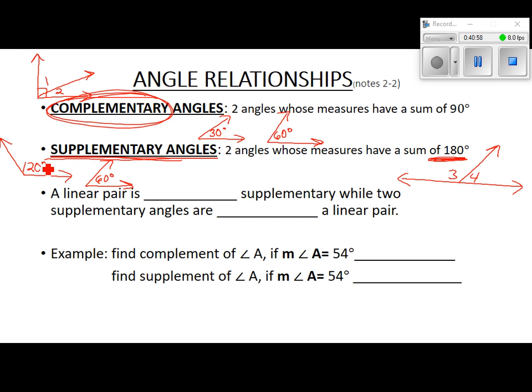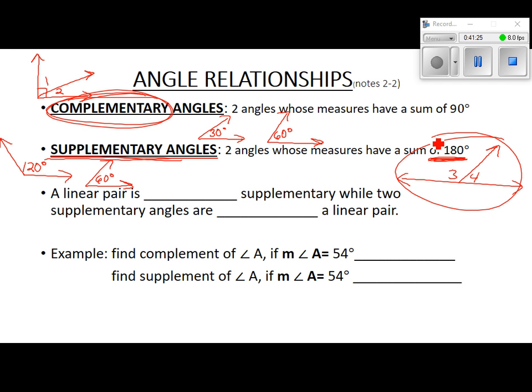What was another name for these angles? We talked about it last time. Acute and obtuse, that's true. Are they vertical? Adjacent. They're a linear pair. So listen closely. A linear pair is supplementary. If you have a linear pair, these two angles are always going to add up to what? 180.